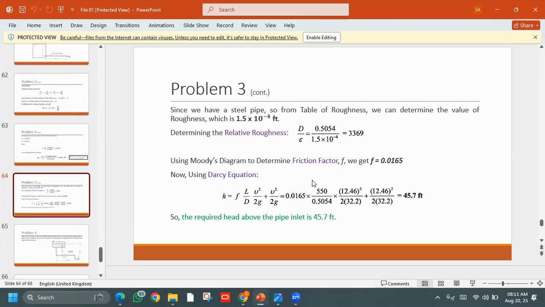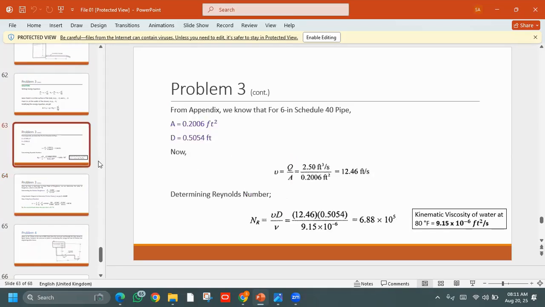So let's find out the value of friction factor F, which can be calculated from the value of D over E, the relative roughness, and the value of Reynolds number.